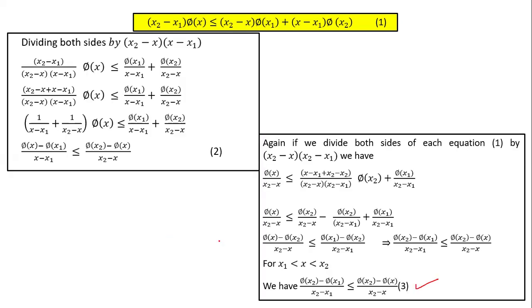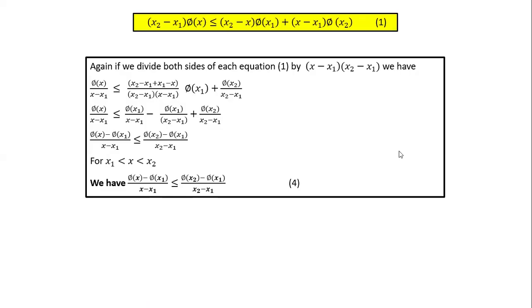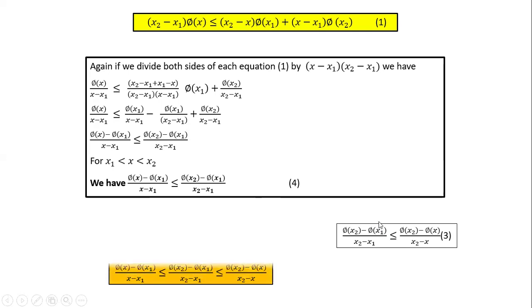The third equation, this one, phi of x2 minus phi of x1. Combining the third and fourth equation, the third equation which I showed you in the previous slide, you can see after combining these two equations we get the desired result.